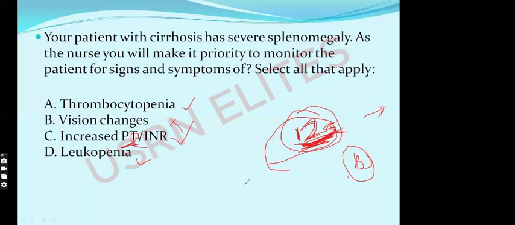Do you understand that principle? So anyone who has increased PT or INR, the person is delaying to clot. Actually, it's supposed to clot in lesser time than that range. Have I been able to help you or you still don't understand? Thank you.